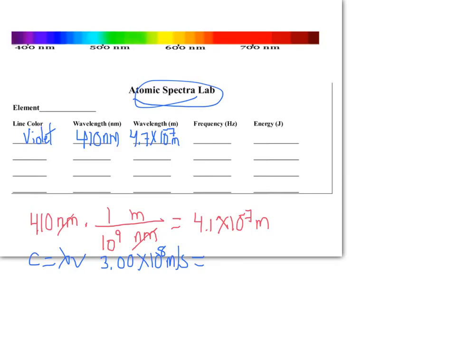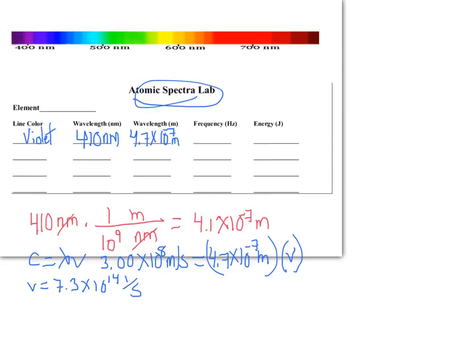So I'm going to plug in the value for the wavelength in meters: 4.7 times 10 to the negative 7th meters times nu, which is my frequency. If you solve for that, that should give you close to 7.3 times 10 to the 14 hertz, or 1 over seconds.